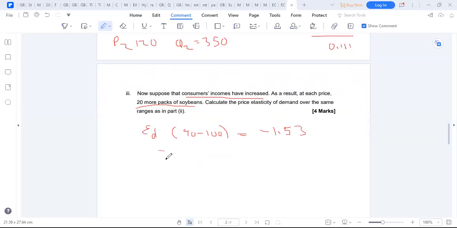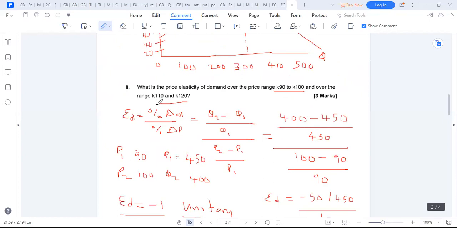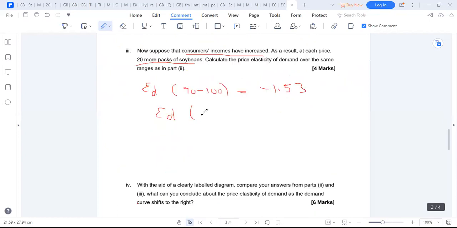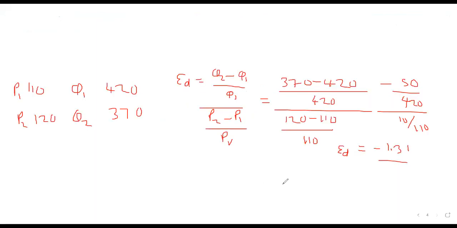Then elasticity of demand between 110 and 120, we just calculated as negative 1.31.